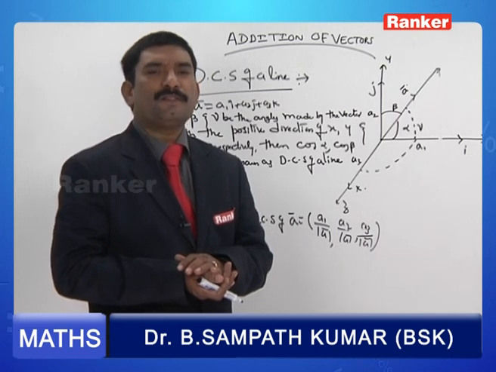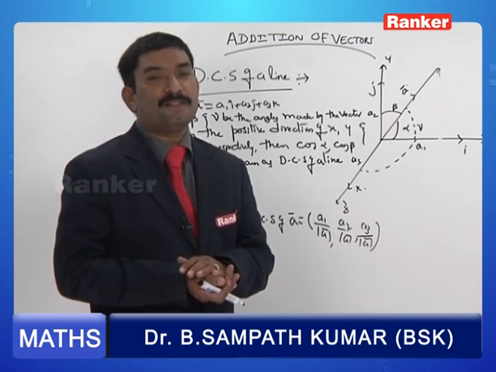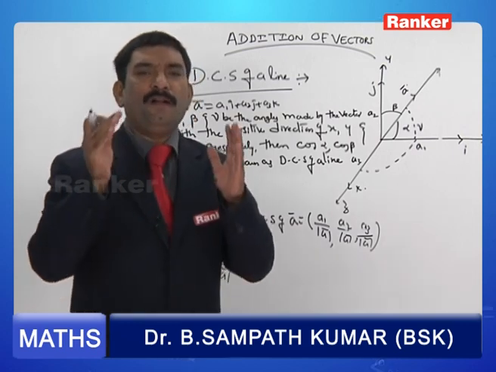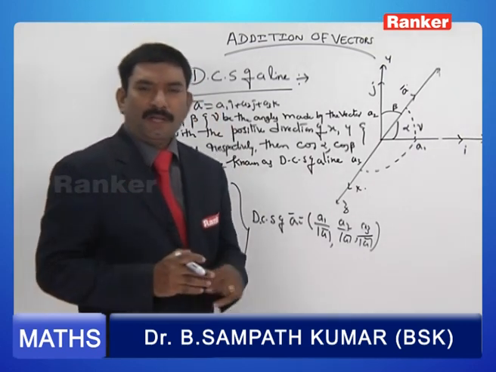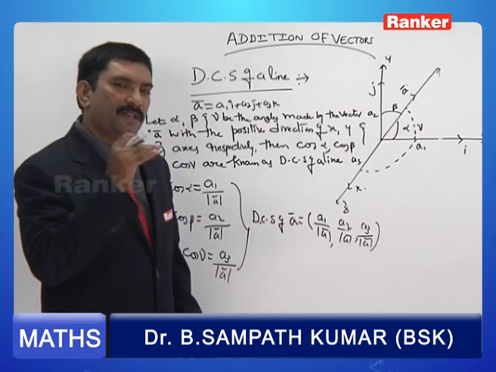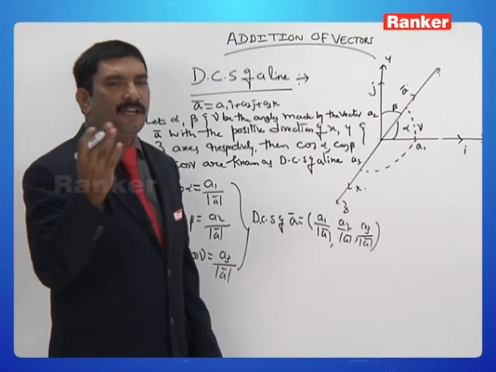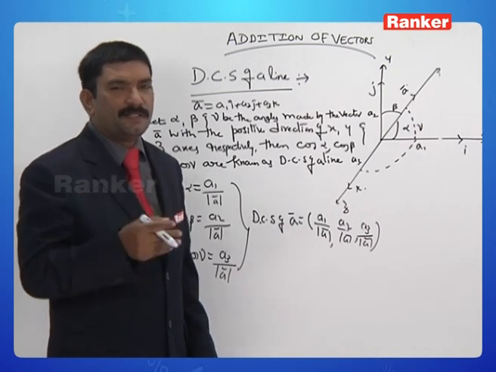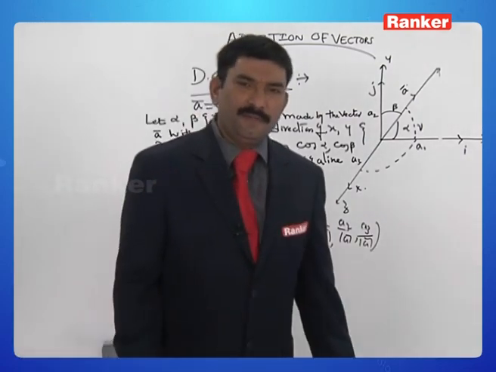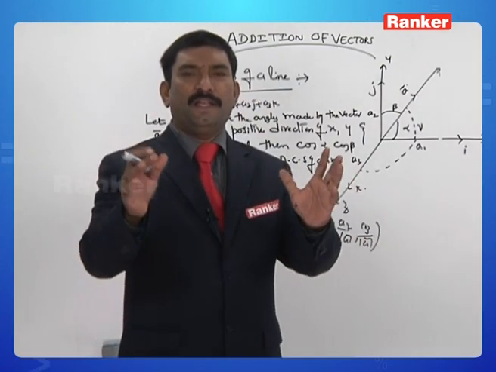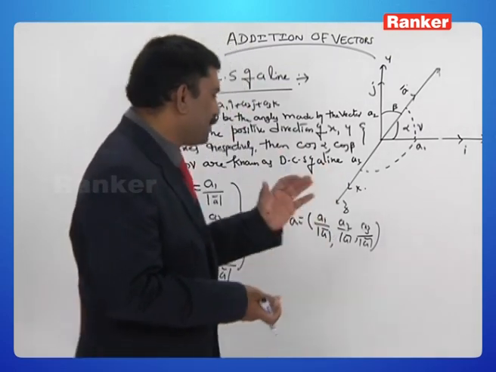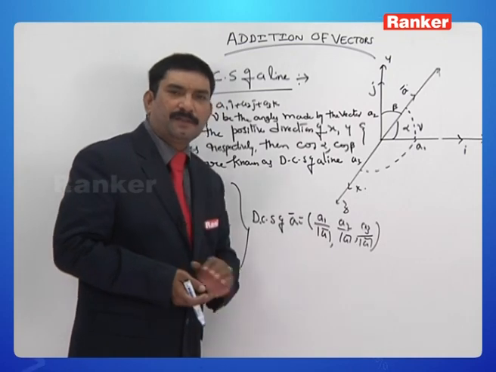Therefore, these are minus cos alpha, minus cos beta, minus cos gamma. When we have taken cos alpha as L, cos beta as M, cos gamma as N, then in the negative direction the DCs are minus L, minus M, minus N. So the DCs of any line are plus or minus L, plus or minus M, plus or minus N. But I am talking about the positive direction.